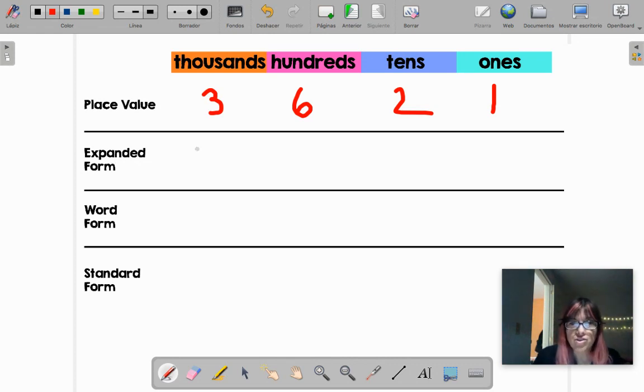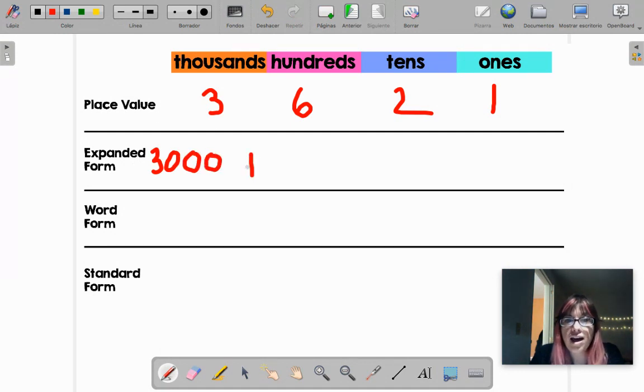For the three, we don't just put three again. No, we stretch the three. So what do we say when we say the number? Do we just say 3 or do we say 3,000? Exactly, because it's in the thousands, we say 3,000. So that's what we put here, 3,000.